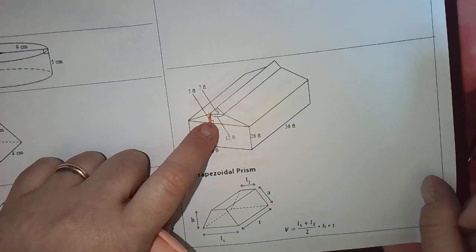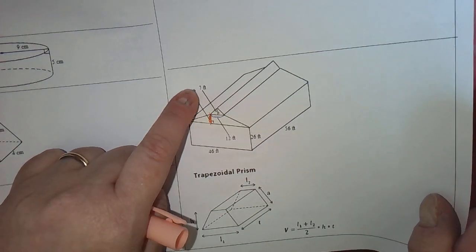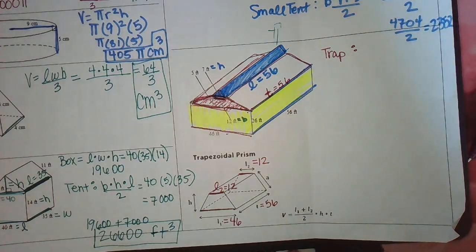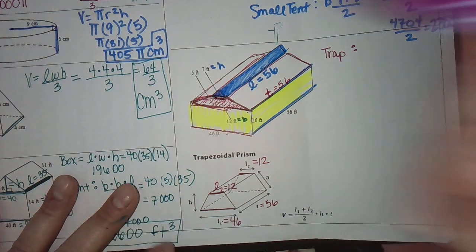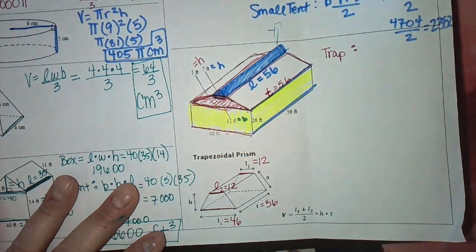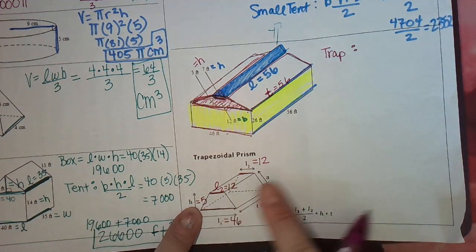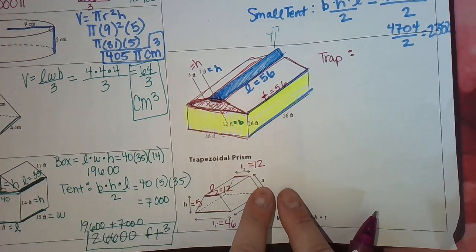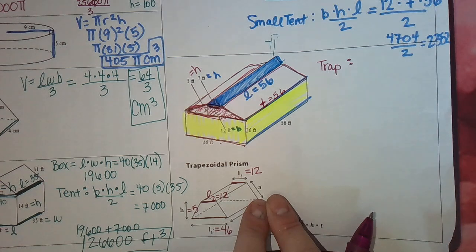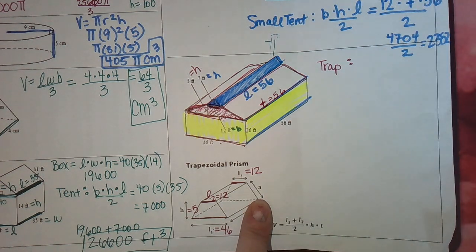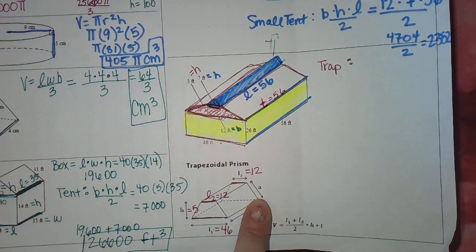That's the height of that trapezoid. So 5 foot is the height of that trapezoid. I'm just going to write it down here. Okay, and then the only thing we don't have is that A. So we have to figure out what that slant is.